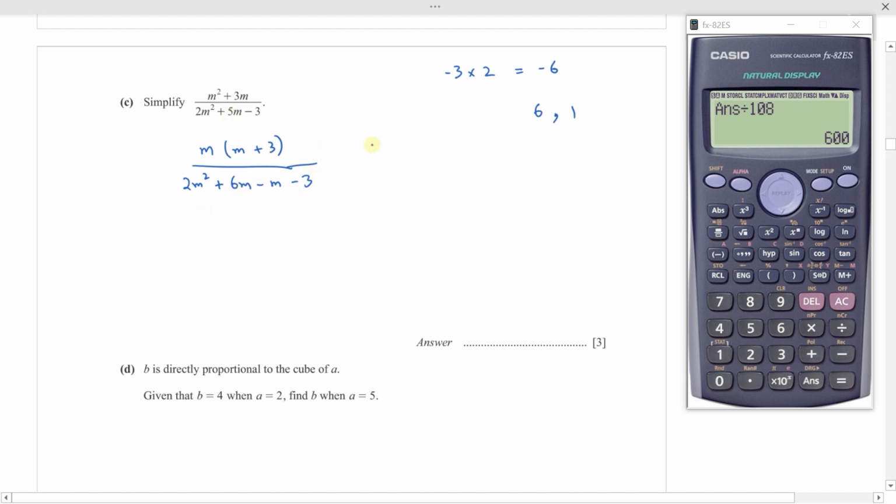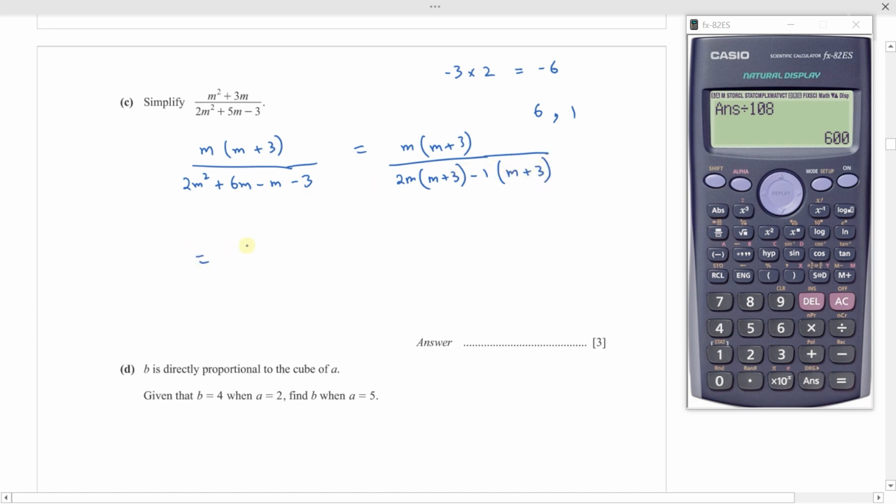So then let me continue here. The numerator remains the same, and in the denominator I will take 2m common. I will be left with m plus 3, and then I will take minus 1 common, and I will have m plus 3 here as well.